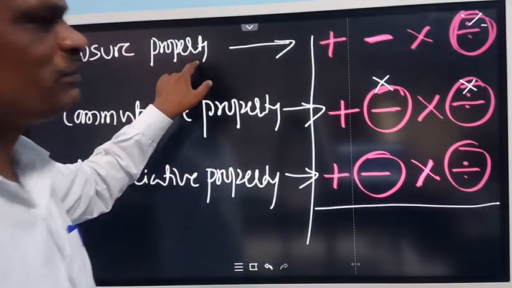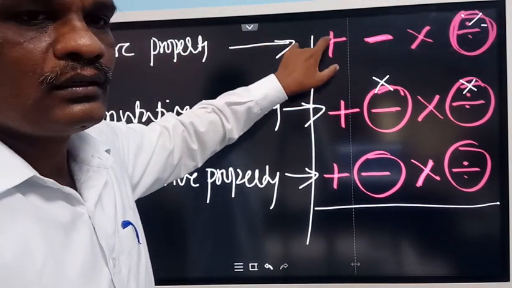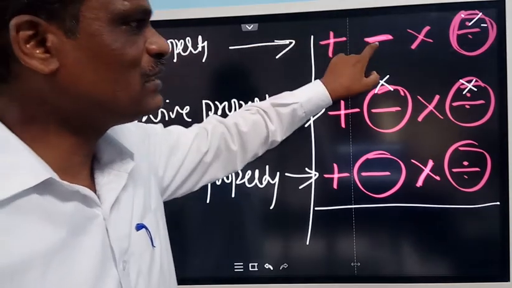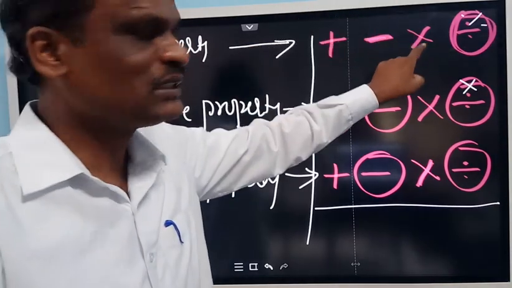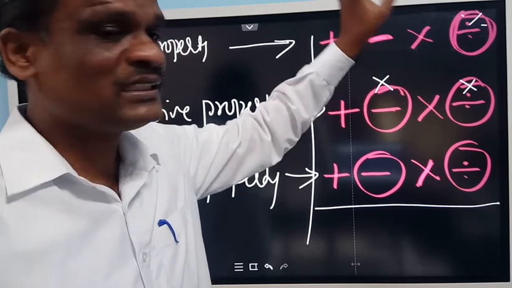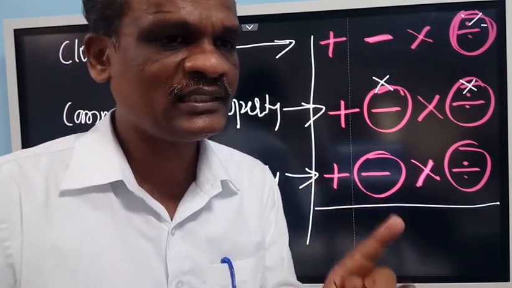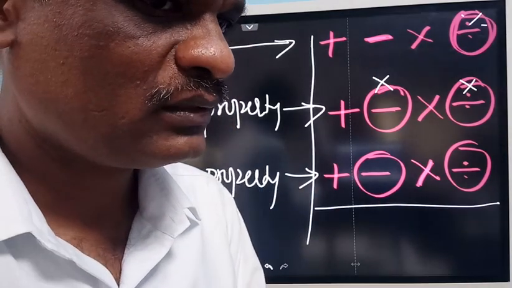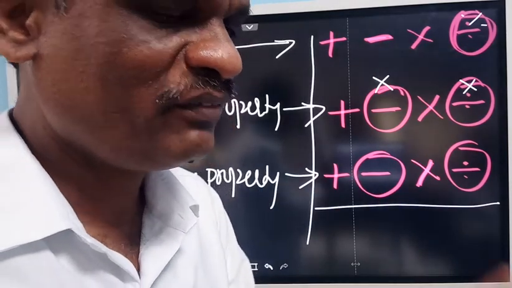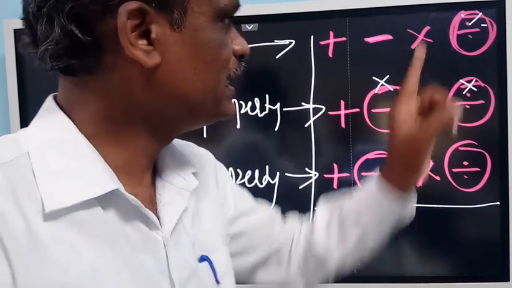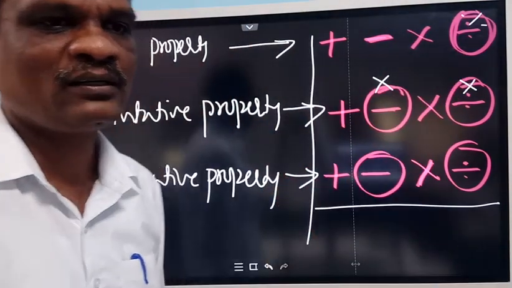Closure property. Rational numbers are closed under addition, closed under subtraction, closed under multiplication, but not closed under division only because of that 0. 0 is a rational number. Everywhere it holds good, but except 0, it is spoiling that one. You cannot make it closure property.